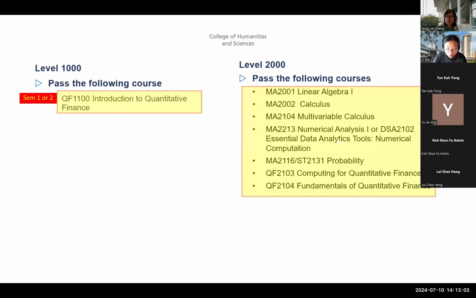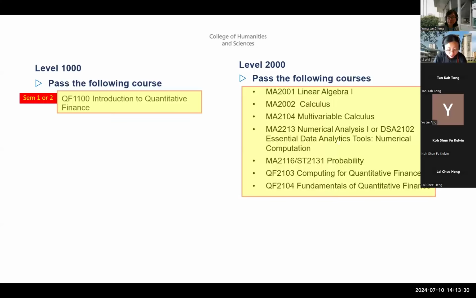We start with two mathematical foundation courses, MA2001 and MA2002, Linear Algebra 1 and Calculus. This is all basic foundation knowledge you must have for programs involving computation, like the Math major, QF major, Stats major, etc. These are also taken by other majors in the faculty.